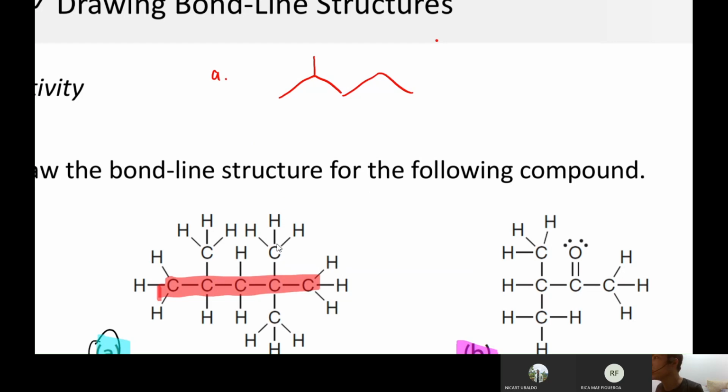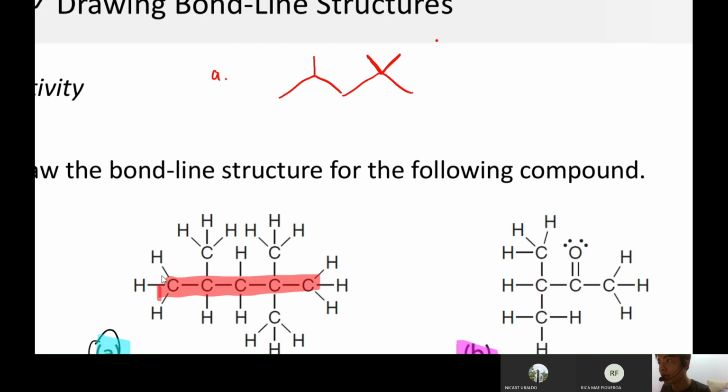Paano natin idudugtong yan? Okay, so, pag idudugtong mo yan, ganito, pa-X siya. So, ito yung unang CH3. Ito yung isa. The other CH3 is itong isa pa.